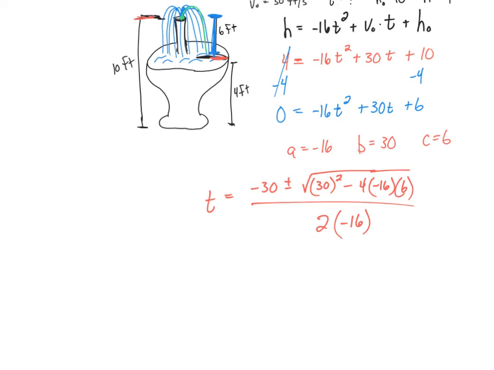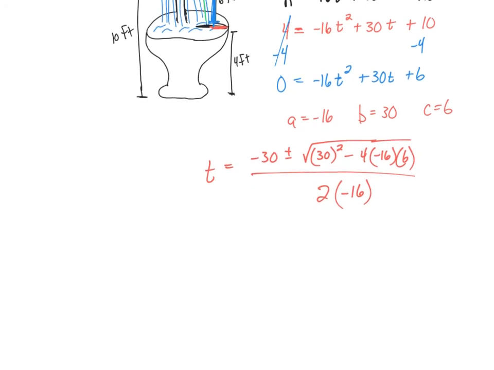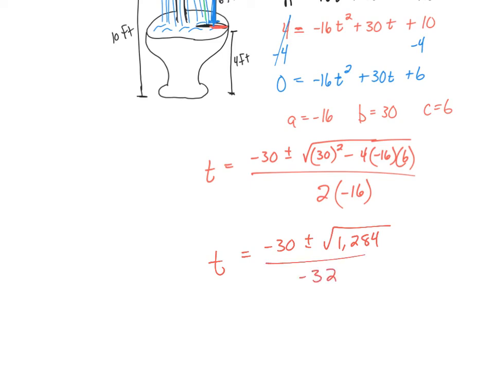If we find out what's inside the square root, it's 1,284. If you use your calculator, 30 squared is 900, and it's 900 minus -384, and you get 1,284. Divided by 2 times -16, which is -32.